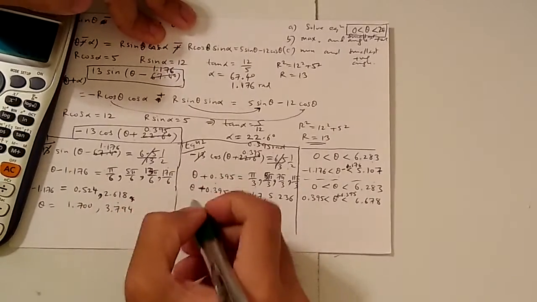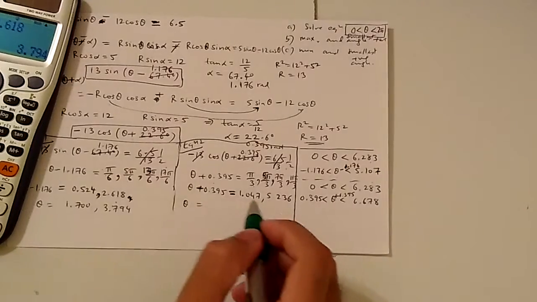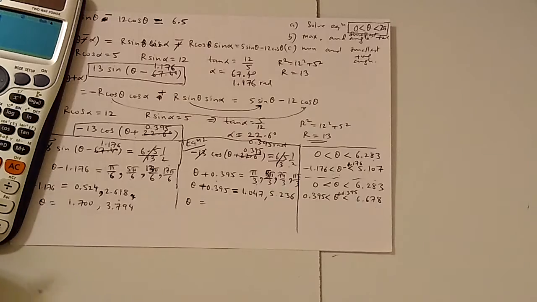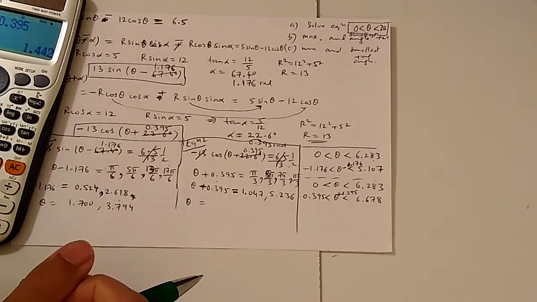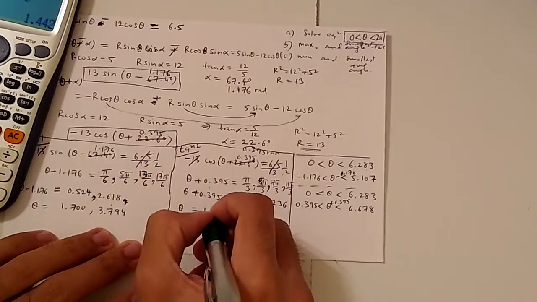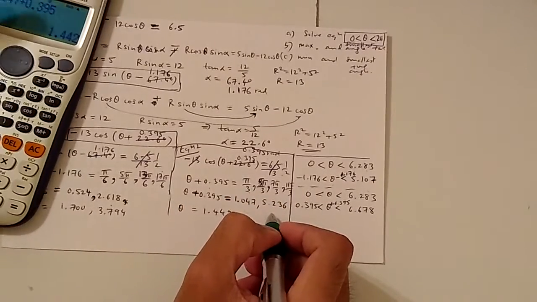For the second method, you get theta is equal to 1.047 plus 0.395, and that is 1.442, which is definitely not the correct answer then.